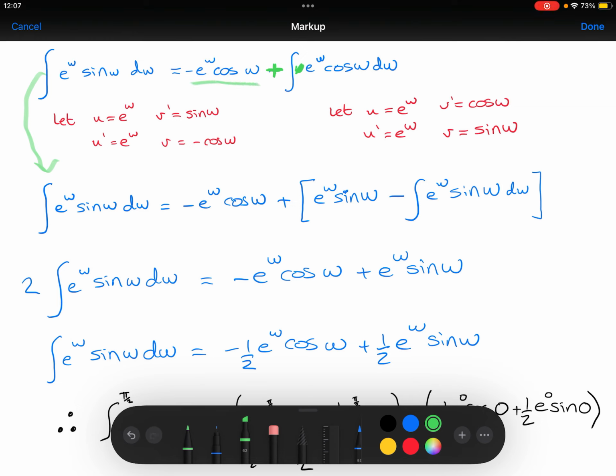I've just copied this part down to here. And then everything in this bracket here is the result of doing integration by parts here. So I've got the u times v minus the integral of u dash times v.